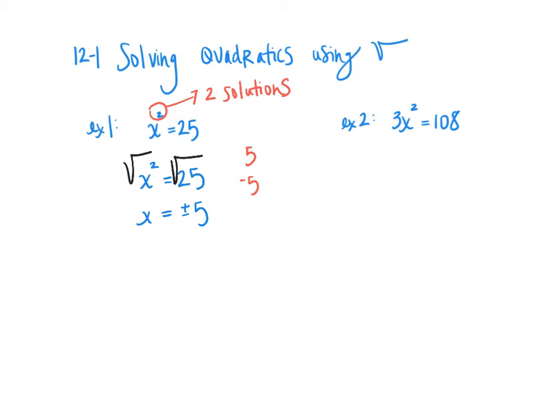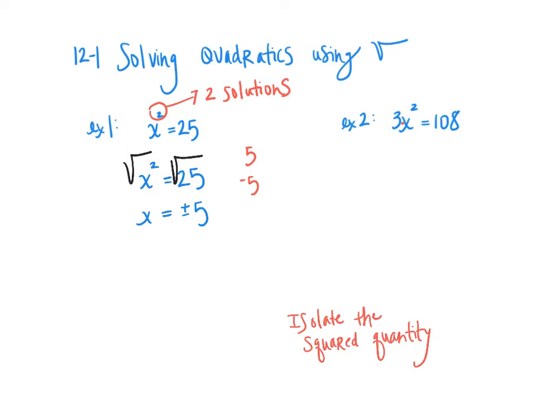Once again, it's a quadratic with 2 solutions, but it has a coefficient in front of that x squared. Really, you want to always isolate the squared quantity. So how would we do that? Well, it's 3 times the squared quantity. So I want to do the opposite of multiply.